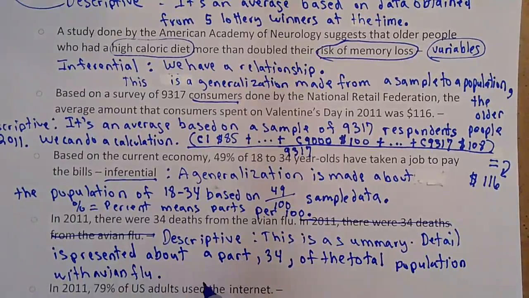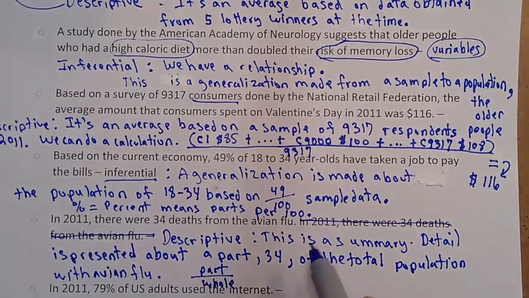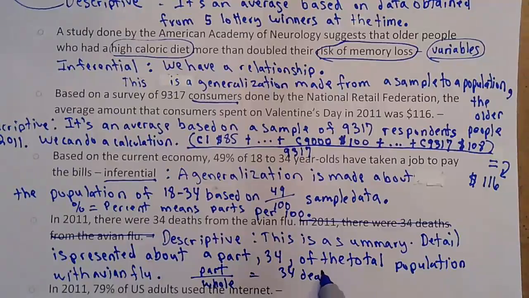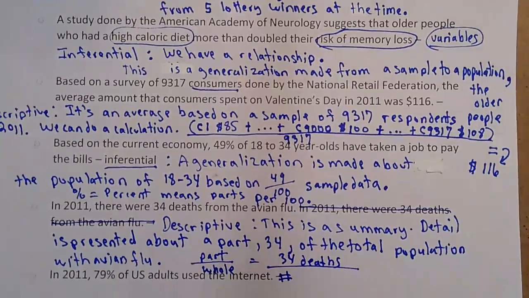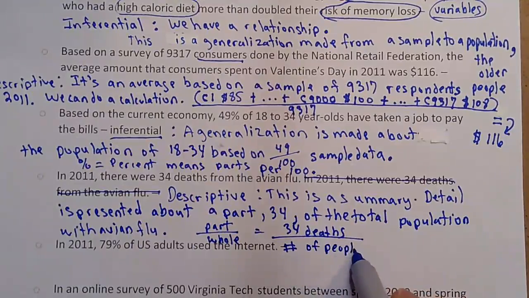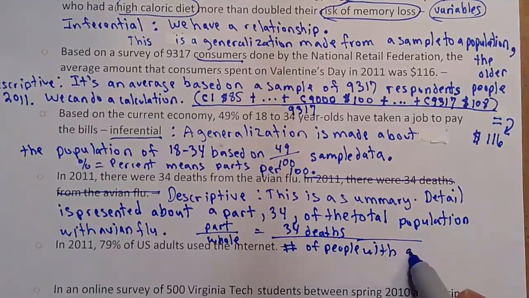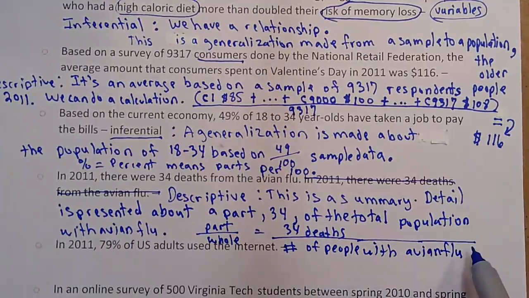Okay, so you think you've heard of that before, part over whole. So we have this part, like the 34 deaths, right? But then the whole part, like the denominator, is the number of people with the actual avian flu, right?